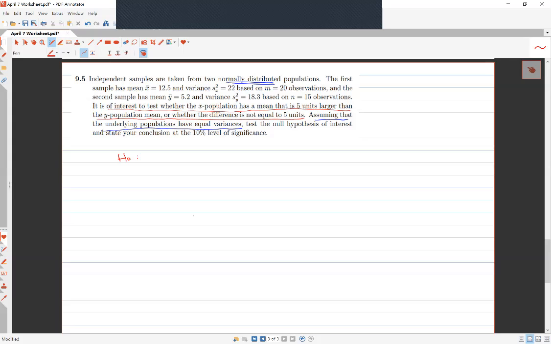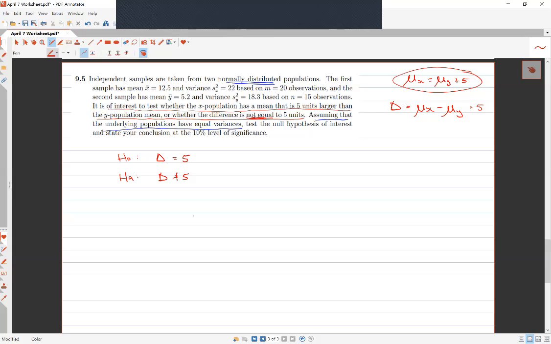So our null hypothesis, again, if I define delta as the difference between the two means, we are trying to determine whether X has a mean that is 5 units larger than the mean of Y. So if we look at the difference, we want that to be 5. So our null hypothesis is that the difference is 5. Our alternative says the difference is not equal to 5. There's no directional information here. It's just a generic two-sided alternative.